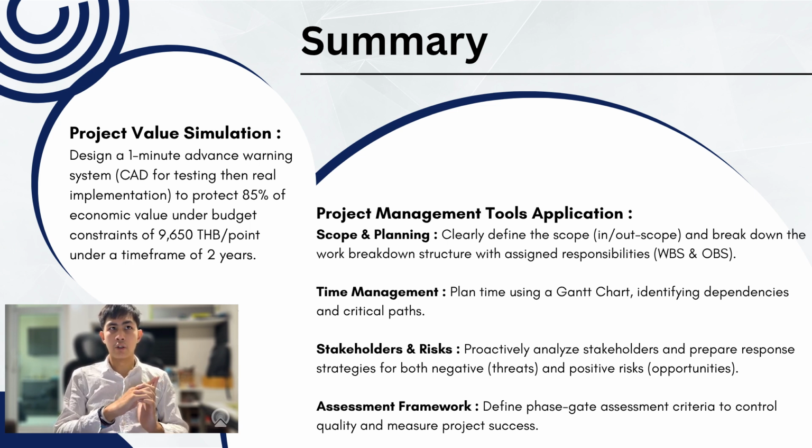Furthermore, our project also has stakeholders in charge, so we have to analyze the stakeholders individually. There's also a power interest matrix in the appendix if you want to look at the full analysis of the stakeholders. And finally, once the project is finished, we're going to have to assess it.